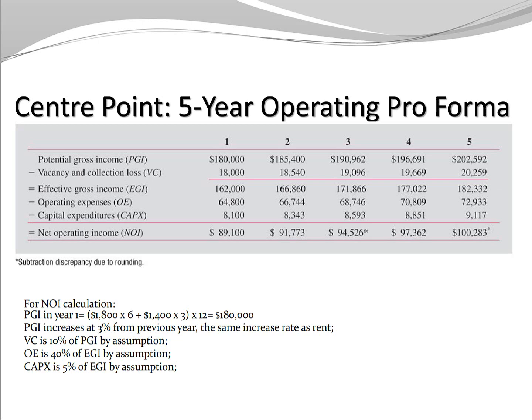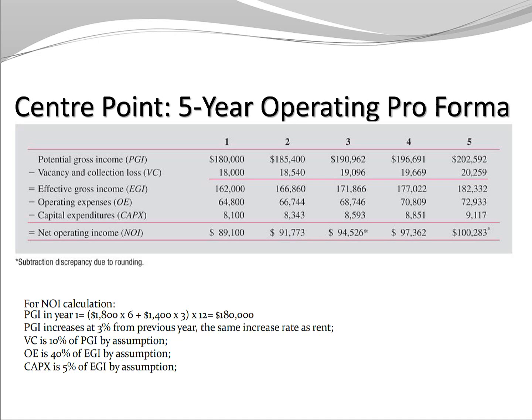The potential gross income from year 2 to year 5 can be calculated by increasing the previous year's potential gross income by 3%, which is the same increase rate as rent. Vacancy and collection losses are assumed to be 10% of the potential gross income, so we can derive this number from the potential gross income in each year. Effective gross income is calculated by subtracting vacancy and collection losses from the potential gross income.